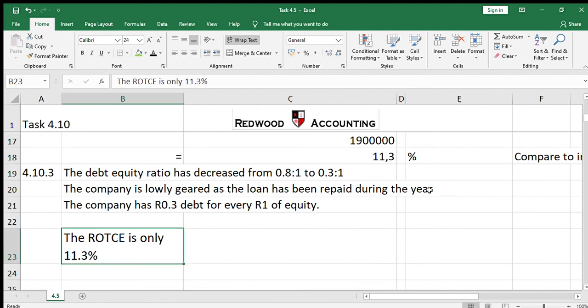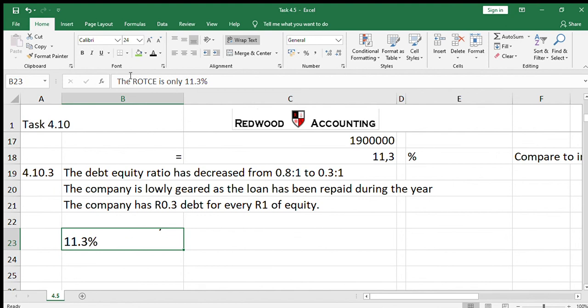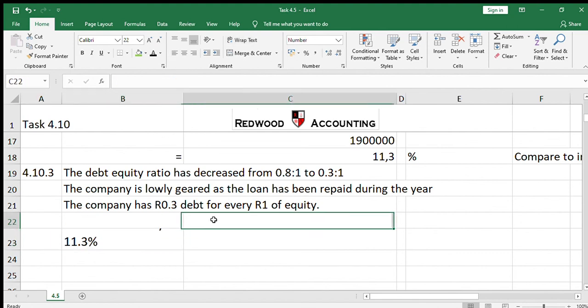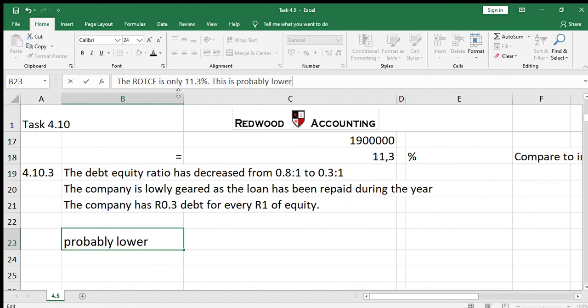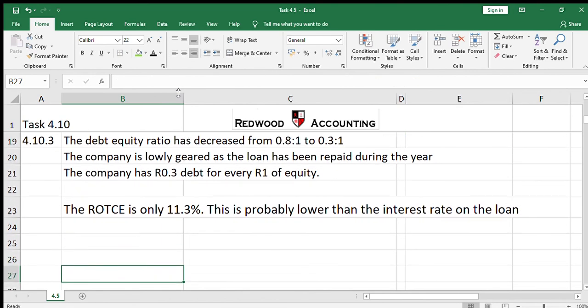But when you're answering comments on questions, you must always bring in the figures of your calculations, even if those figures may not be correct. So return on capital employed is only 11.3%, and this is probably lower than the interest rate on the loan.